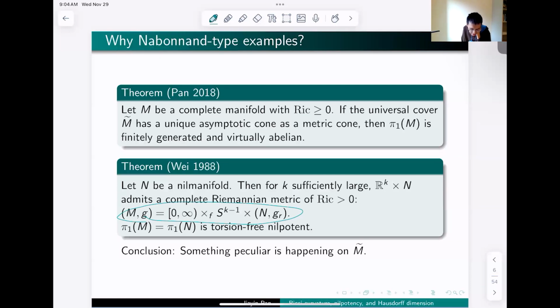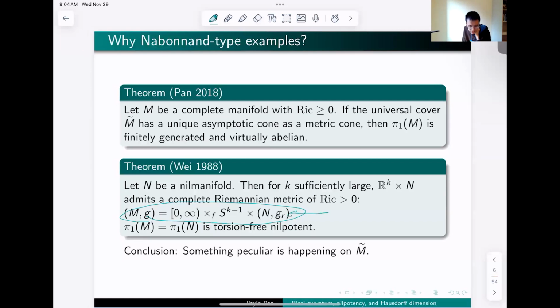On the other hand, this is a pretty nicely constructed example, with no gluing happening there. So the reasonable guess is that the asymptotic cone should be unique, but somehow it's not a metric cone. That leads us to take a look at the Nabonnand example first, because that's an easier form of this nilpotent one.